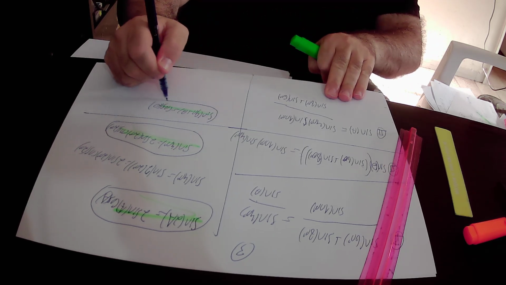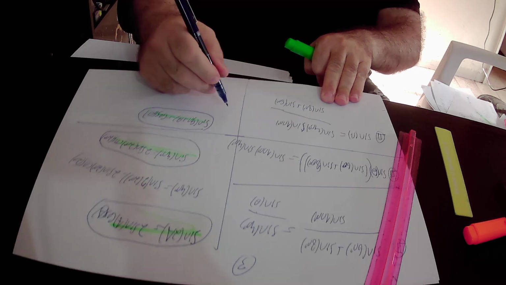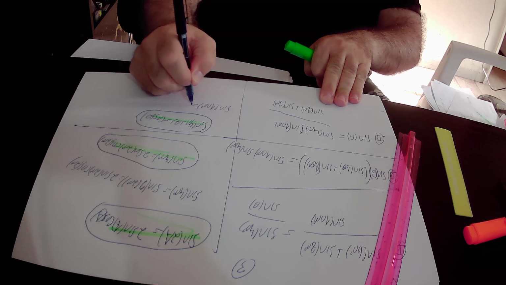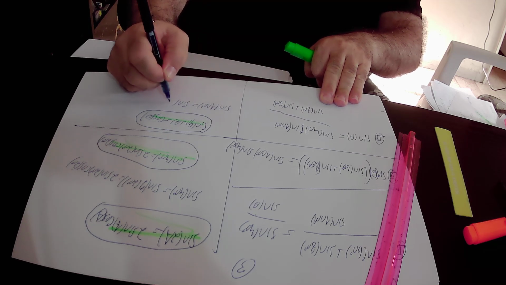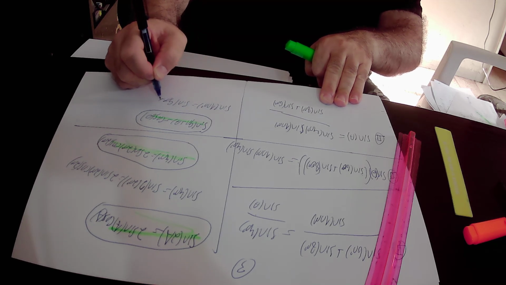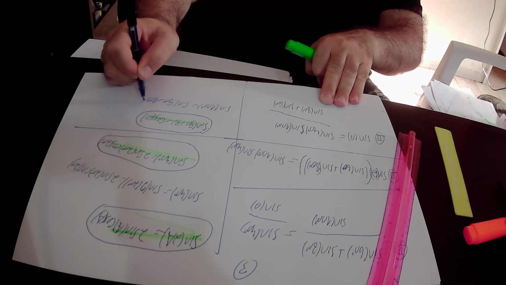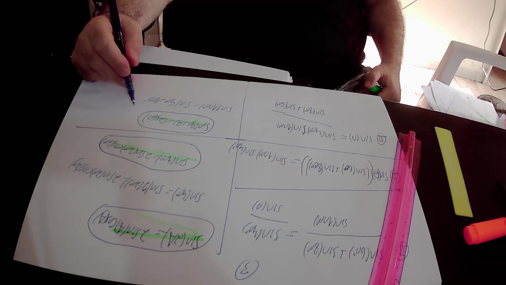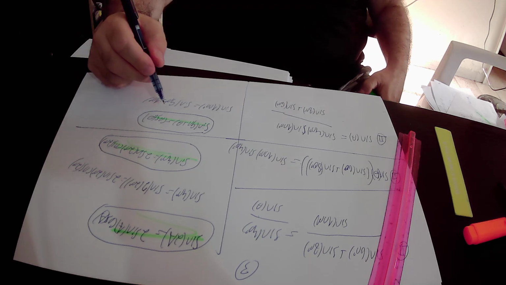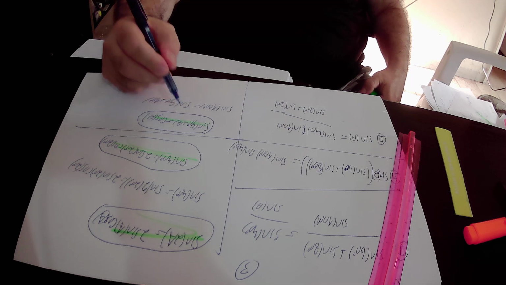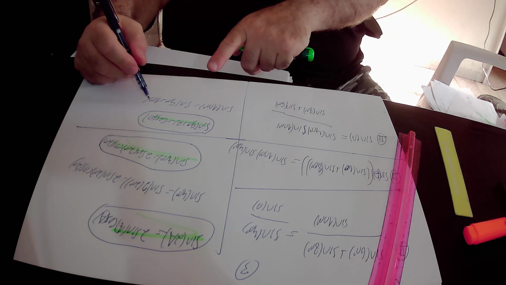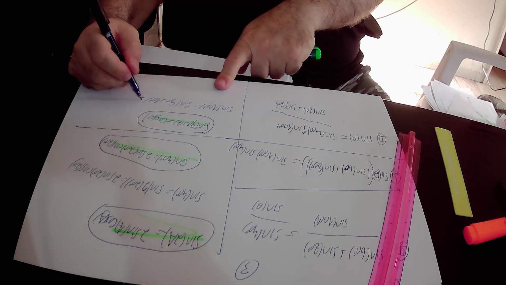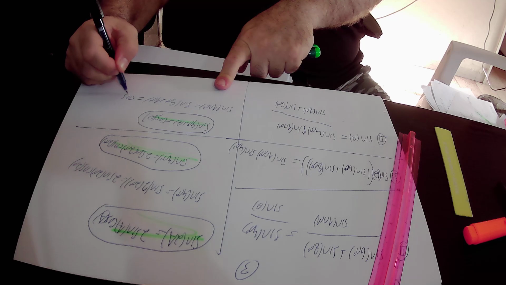According to it, sine 100 degrees equals sine of 90 degrees plus 10 degrees, which is equal to cosine 10 degrees.